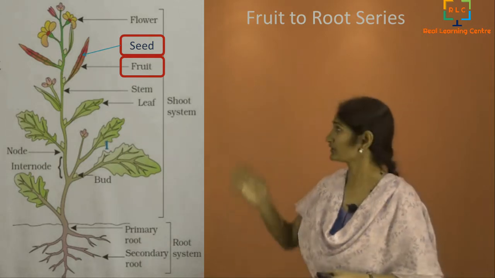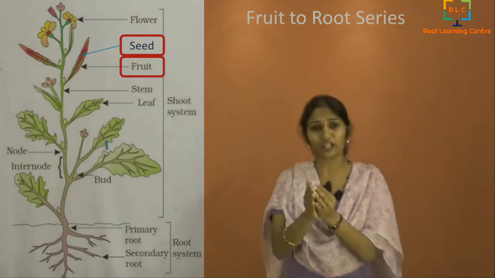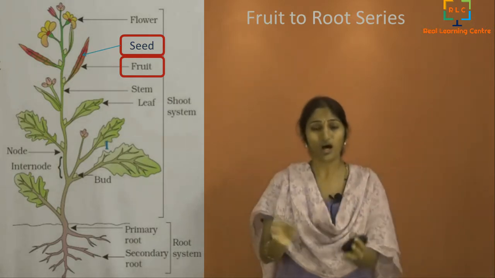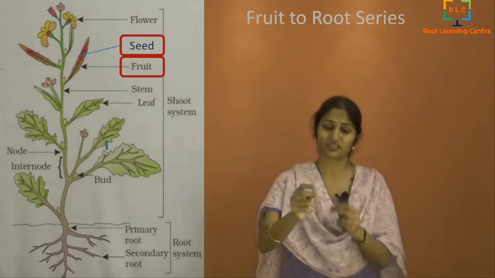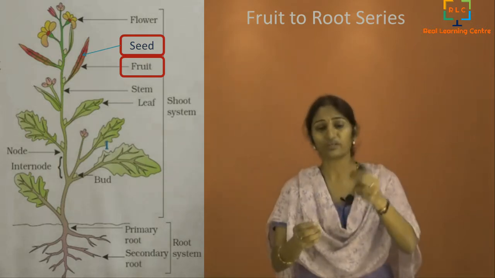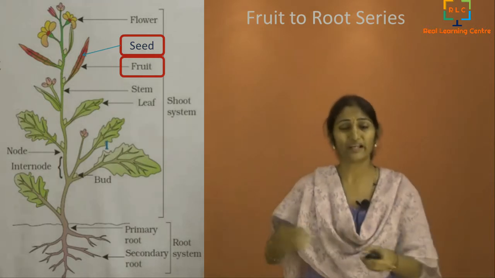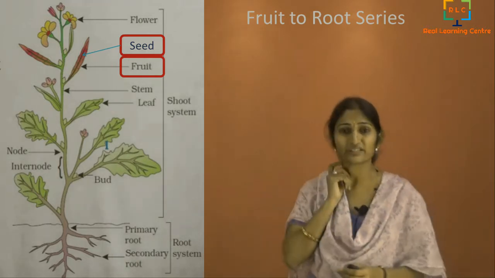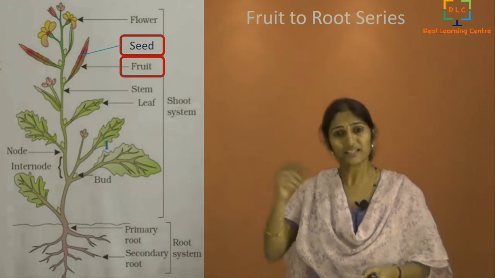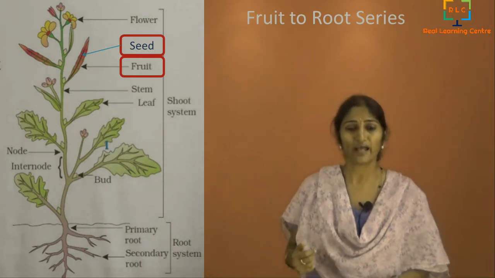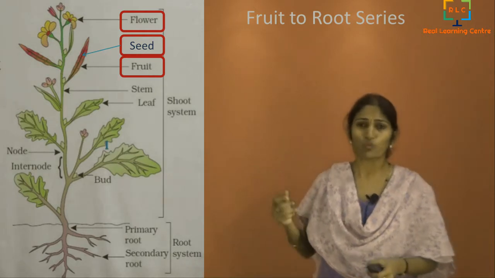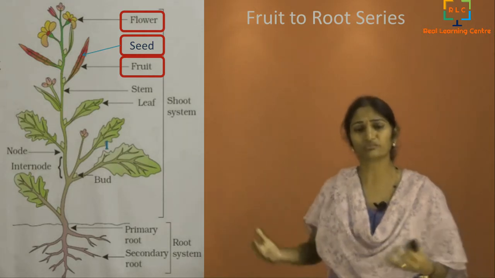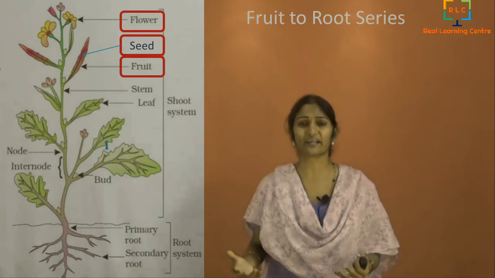We saw the different types of seeds. We cut open the seeds and saw how beautifully there are two parts, one which gives rise to root and one which gives rise to shoot. Now these seeds actually came from the flower. We found out why flowers are so colorful, so fragrant and so attractive.